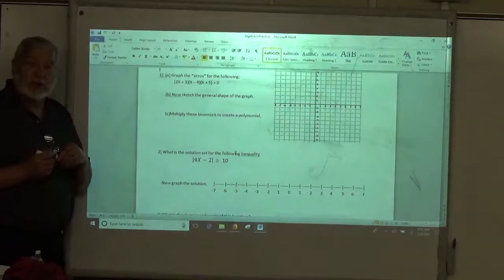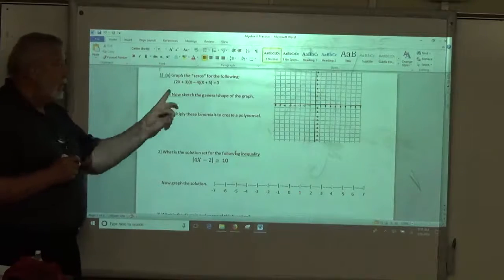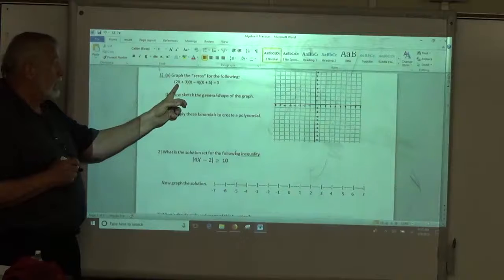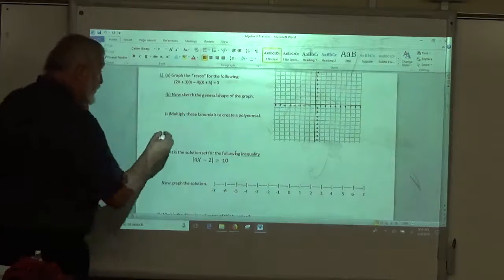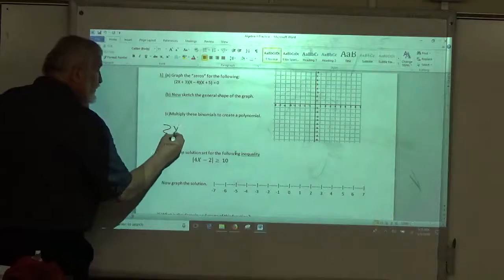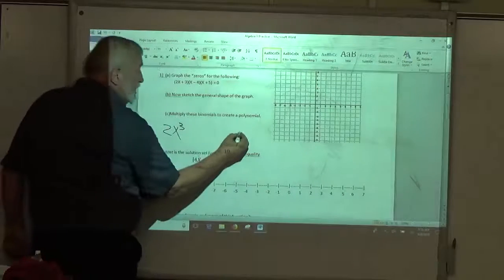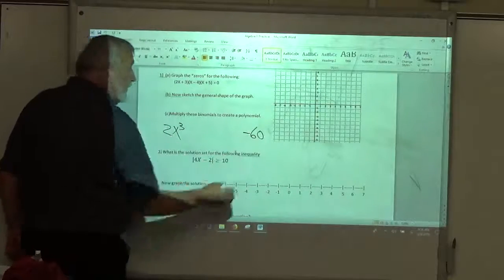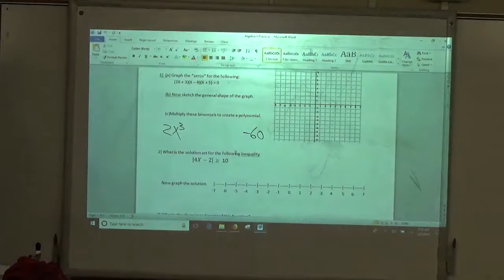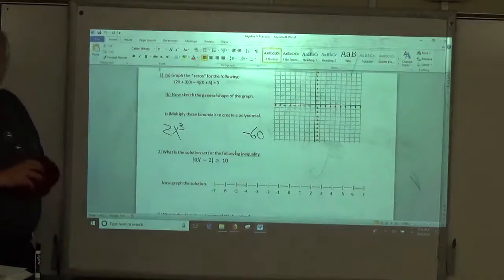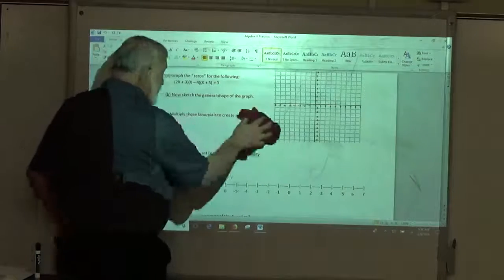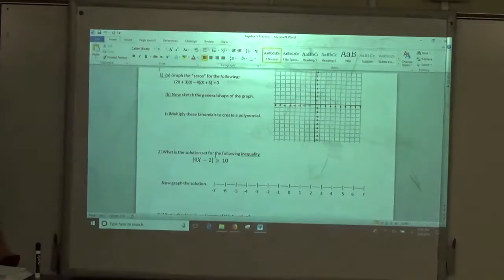What's the first term going to be? 2x cubed. So I know that the first term is 2x cubed, and I just told you the last term was negative 60. The middle terms you'd have to find out by doing the actual math. Question about that? No. All right, good. Let's move on to number 2.